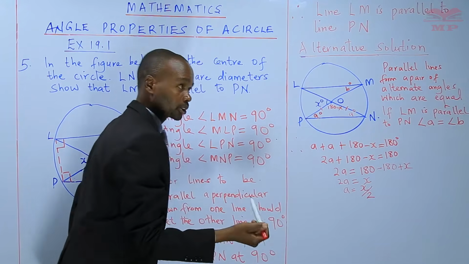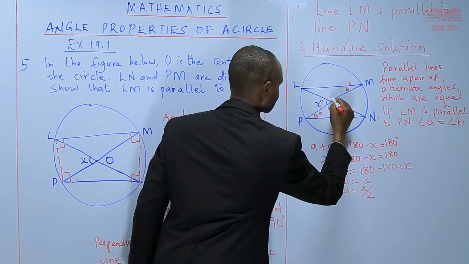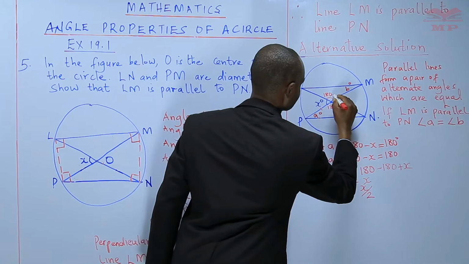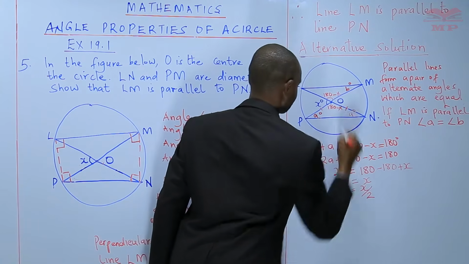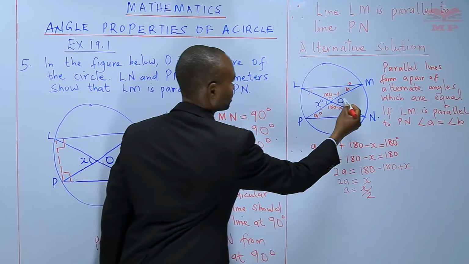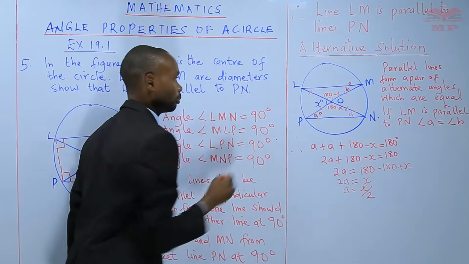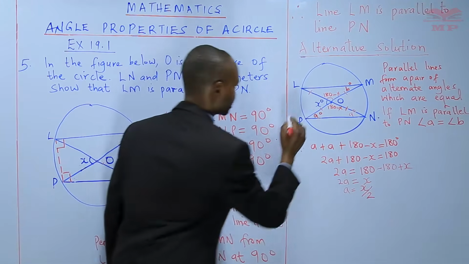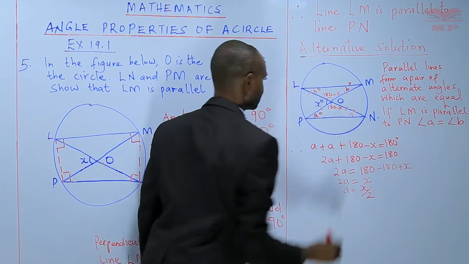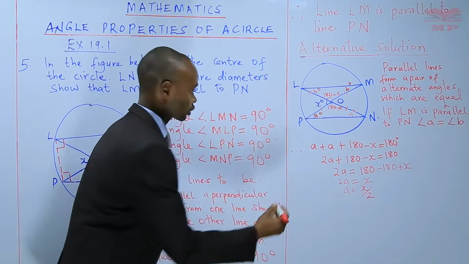So directly opposite angles are equal. So this angle will be 180 minus x. And since this one is also isosceles, this value of angle MLO will be B degrees.